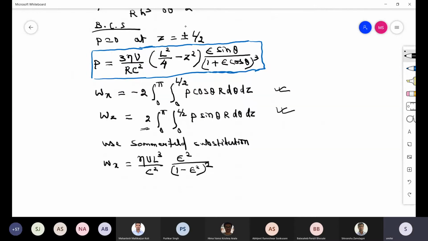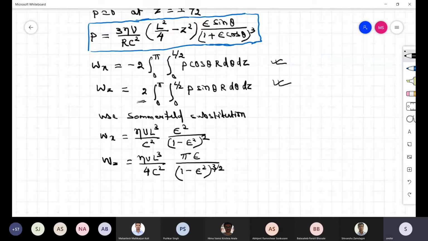Then Wz is eta U L cubed divided by 4 c square, pi epsilon divided by (1 minus epsilon square) to the power 3 by 2.